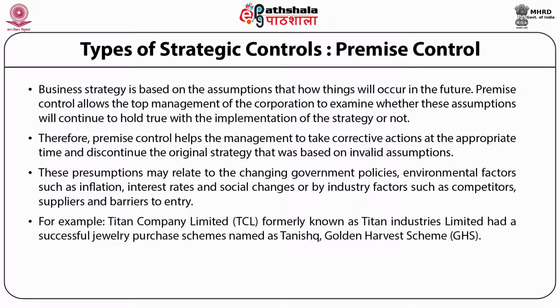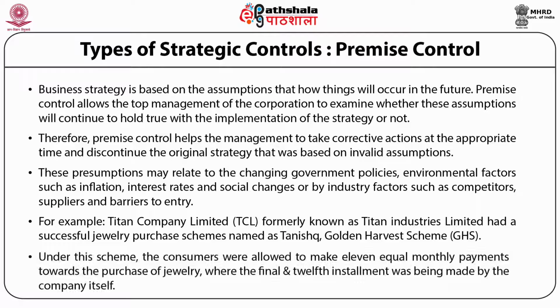For example, Titan Company Limited, formerly known as Titan Industries Limited, had a successful jewelry purchase scheme named the Tanishq Golden Harvest Scheme. This scheme helped the company to boost its sales in times when the price of gold was on the rise. Under this scheme, the consumers were allowed to make 11 equal monthly payments towards the purchase of jewelry, where the final 12th installment was made by the company itself.